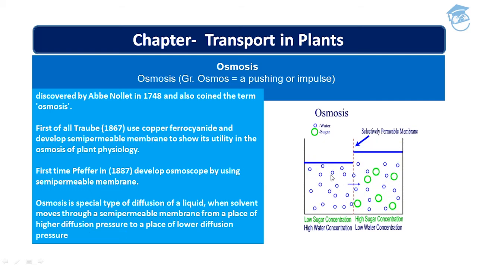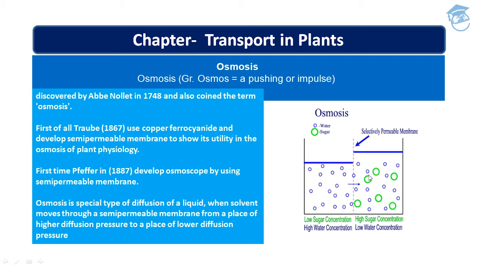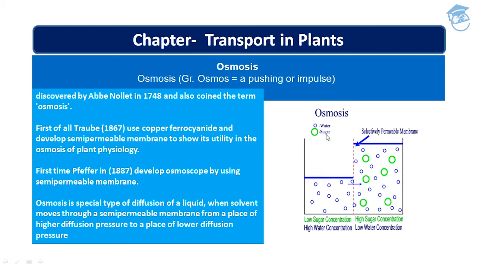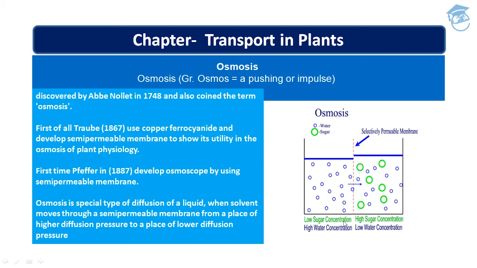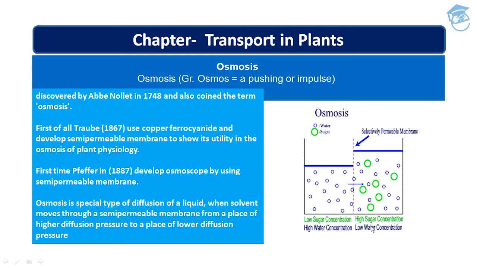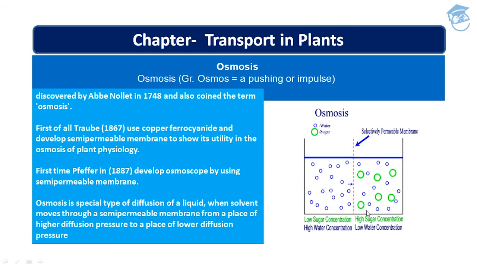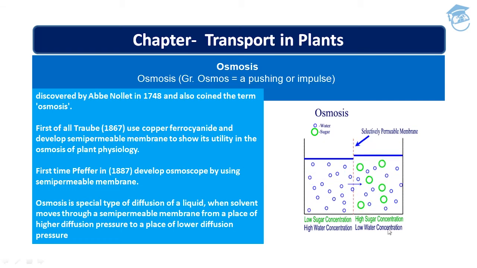So as you can see, it is low sugar concentration. These green circles are showing sugar, and these blue dots are water. So this is a low sugar concentration and high water concentration solution, and this is a high sugar concentration area, and this is a low water concentration area.